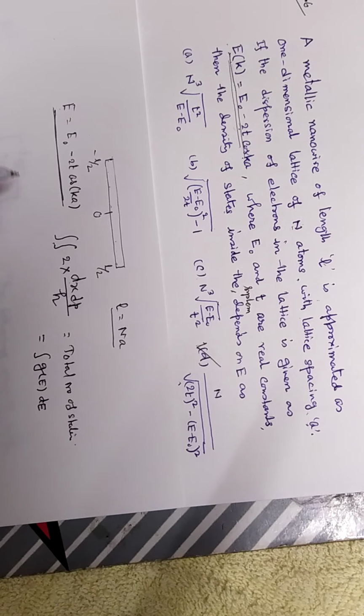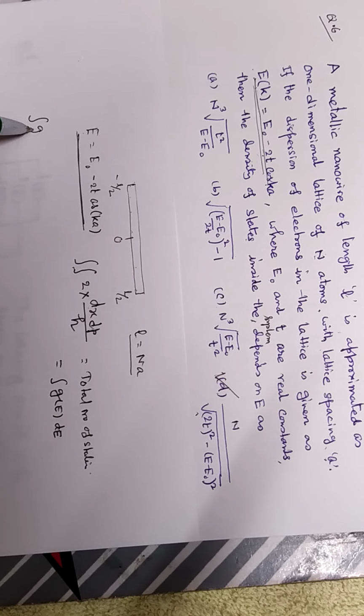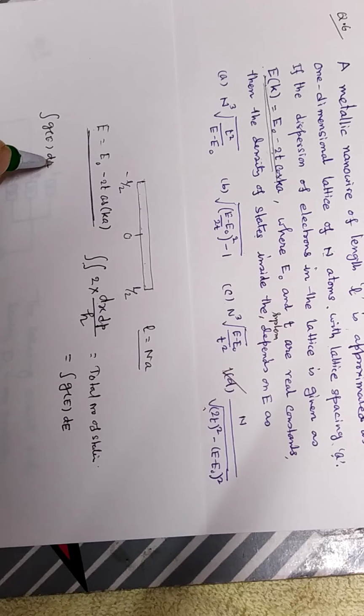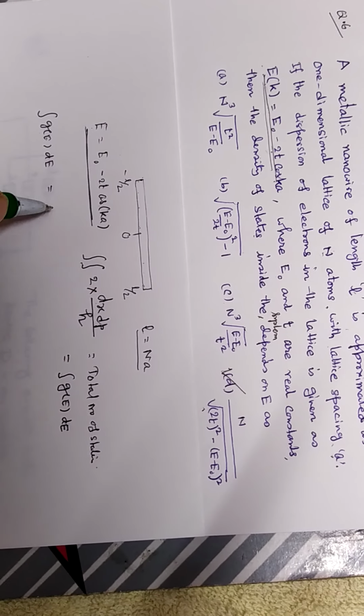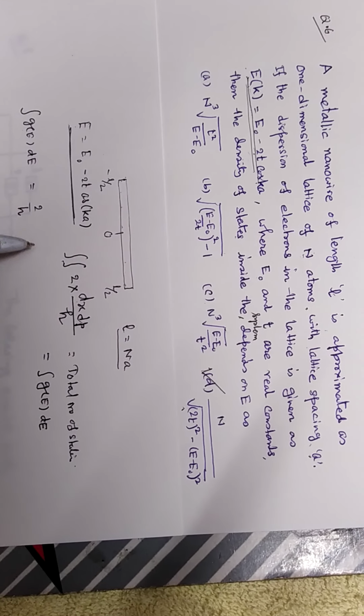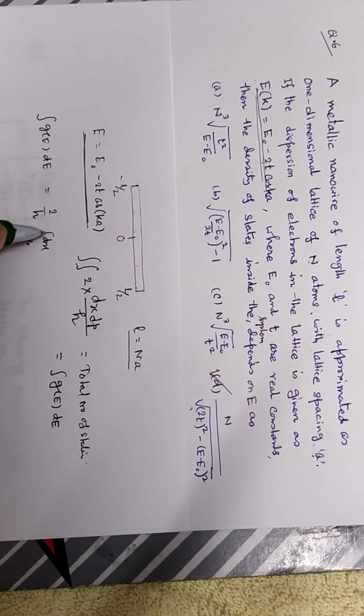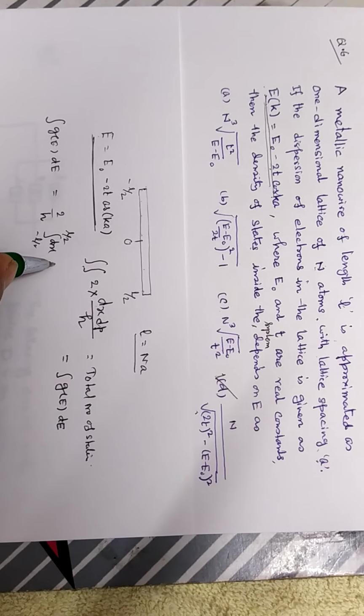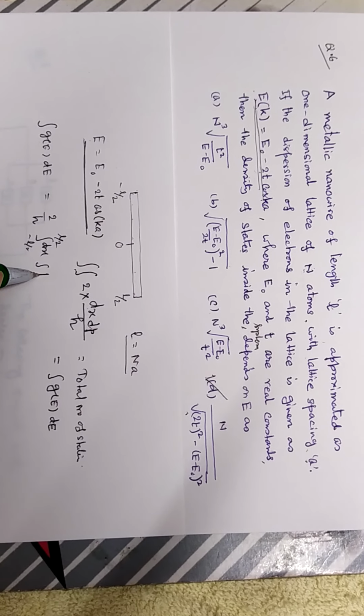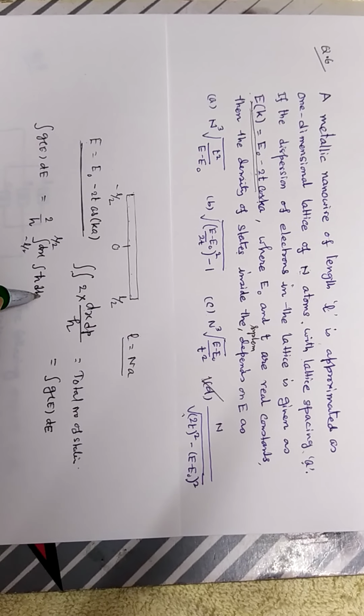So let's proceed. The total number of states, integration g(E) dE, is nothing but 2 by h integration dx, say from minus L by 2 to L by 2, and then integration dp, which you can write as h cut dk.